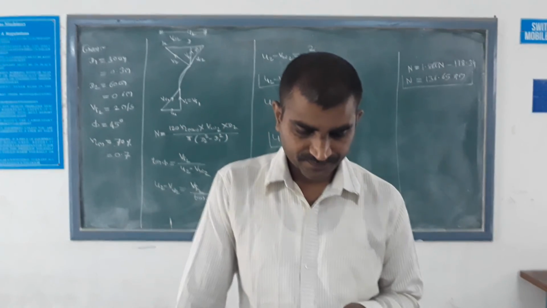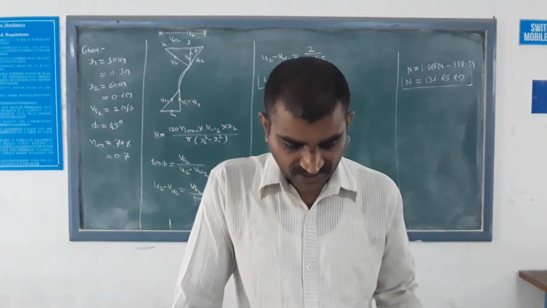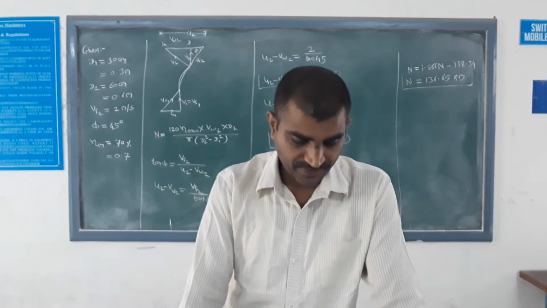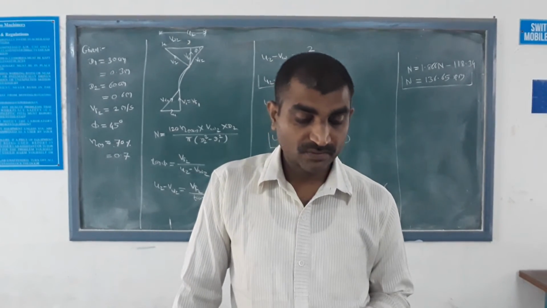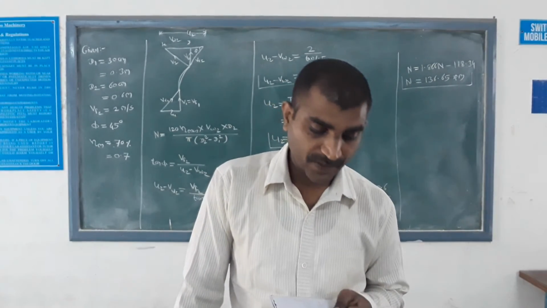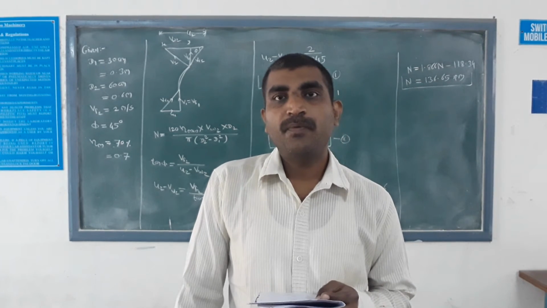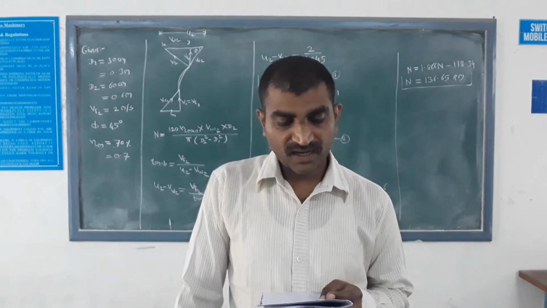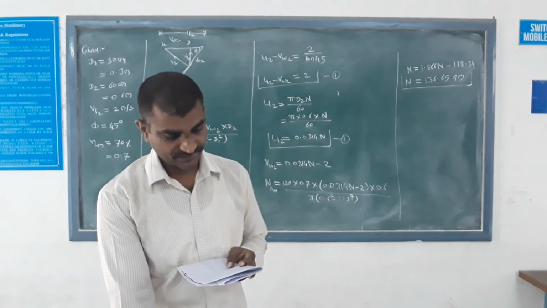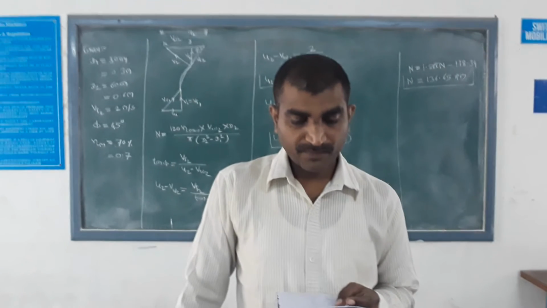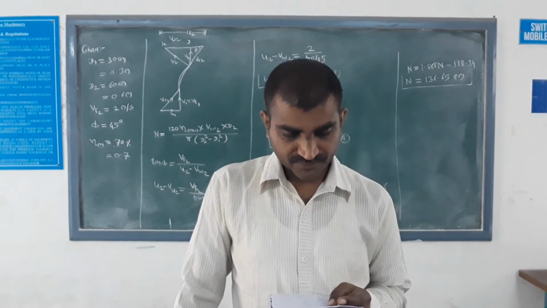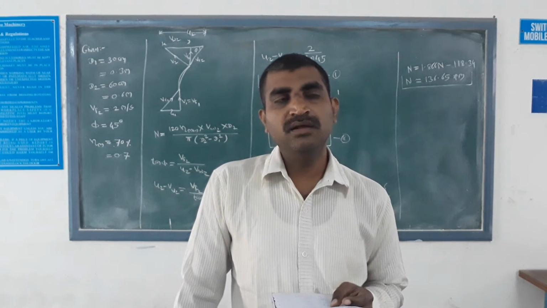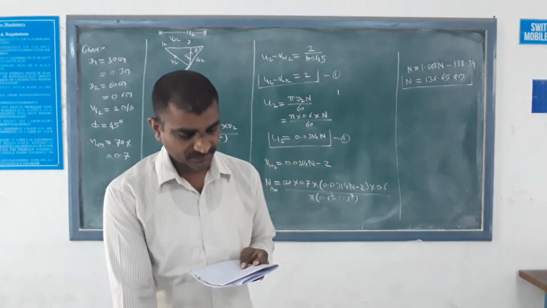Once again, read this problem carefully and write it down. The diameter of the centrifugal pump, which discharges 0.03 meter cube per second of water against a total head of 20 meter, is 0.40 meter. The pump is running at 1500 rpm.